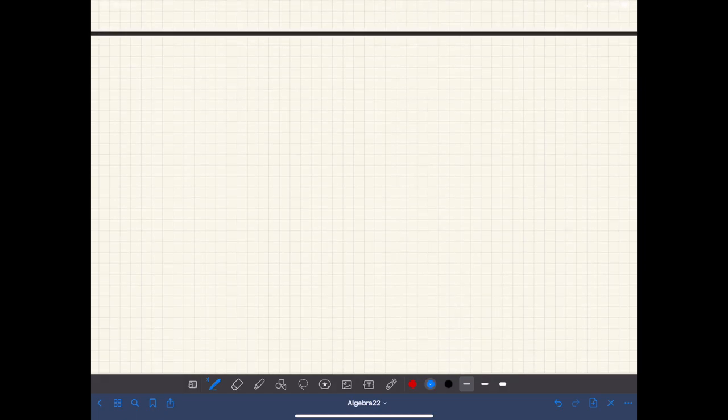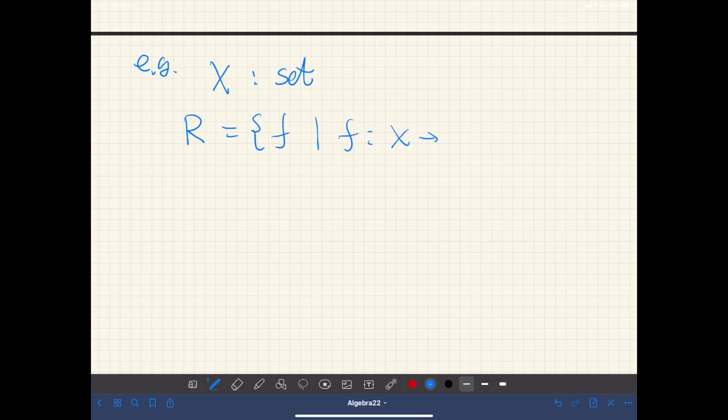Let's see some of them. One example: let X be a set, any set. And let R be the set of mappings from X to the real numbers. This is just the set of all functions from any fixed set to the real numbers.